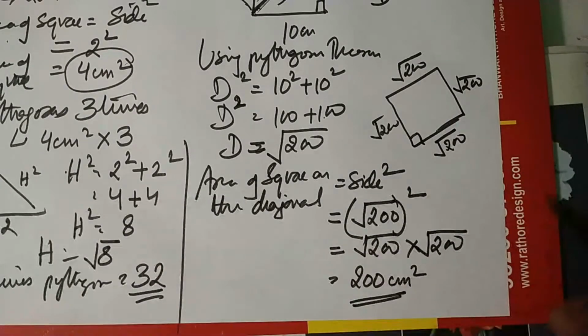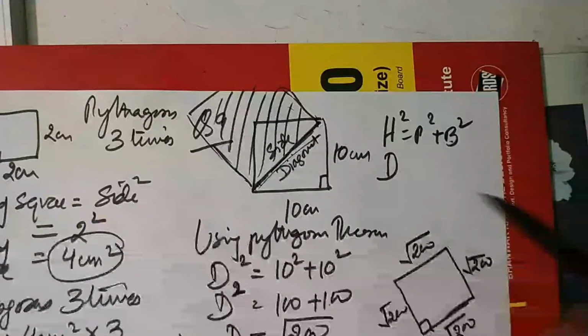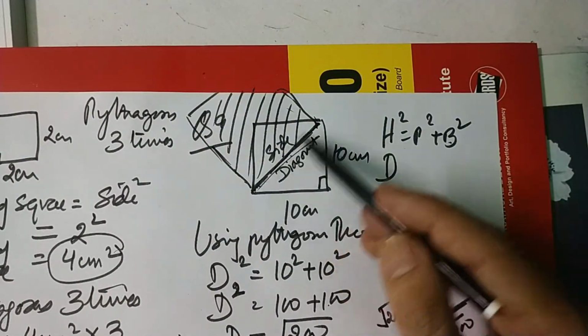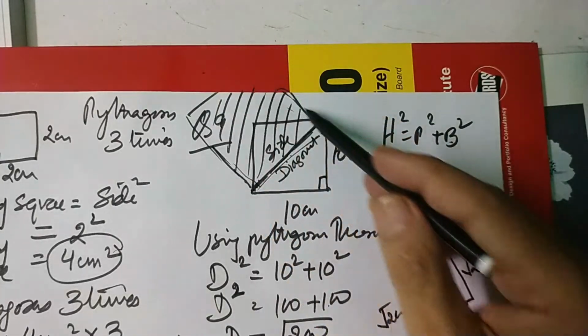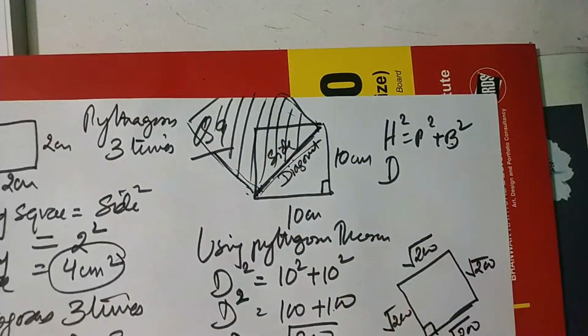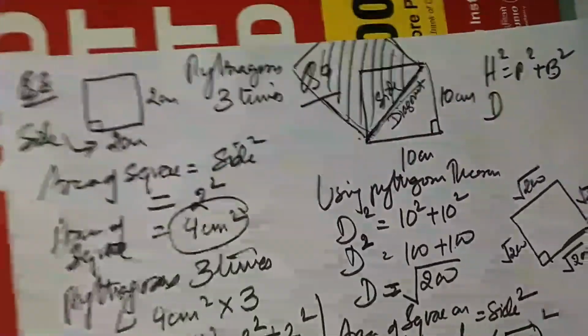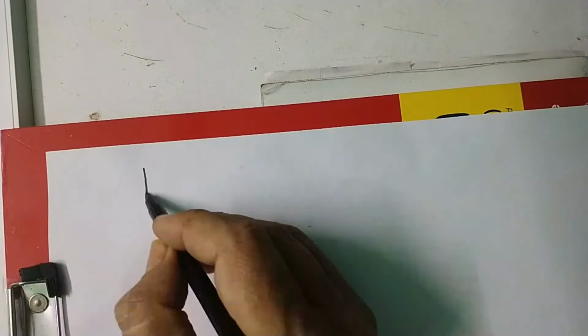Now the B part. This was the tile. This tile has got this diagonal. From this diagonal we got a big square. Now the question says you have to find how many tiles will fit inside this. So the figure I am showing you here again.